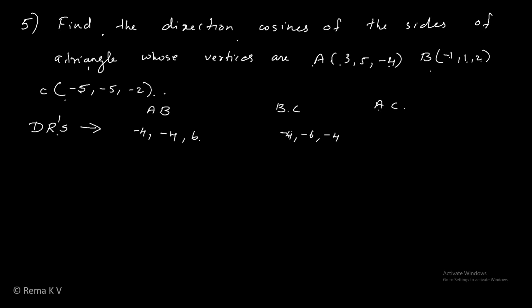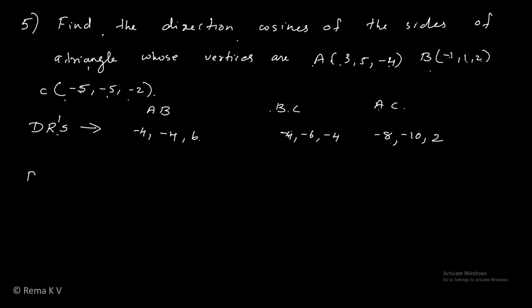Then the direction ratios of AC: minus 8, minus 10, then 2. Minus 5 minus 3 is minus 8, minus 5 minus 5 is minus 10, then minus 2 plus 4 is 2. These are the direction ratios of AB, BC and AC.